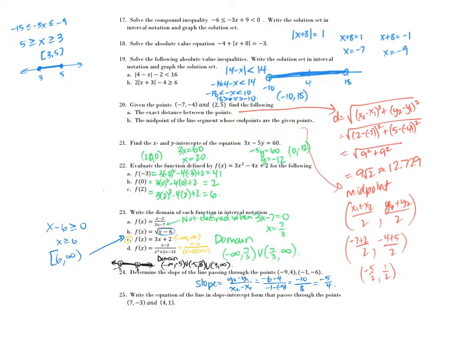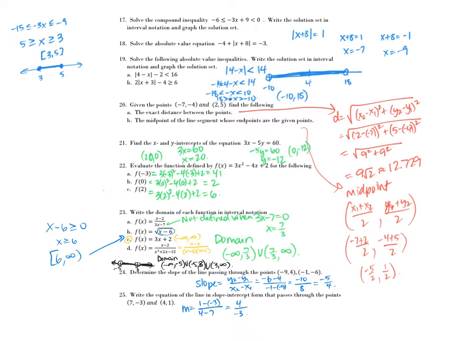Write the equation of the line in slope-intercept form that passes through those points. Okay, so what I want to do first is find my slope. So 1 minus negative 3 over 4 minus 7. So that gives me 4 over negative 3.